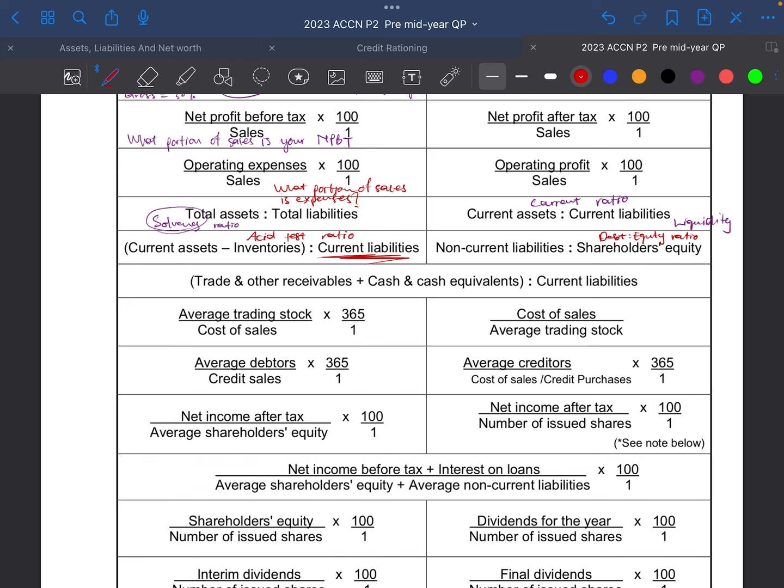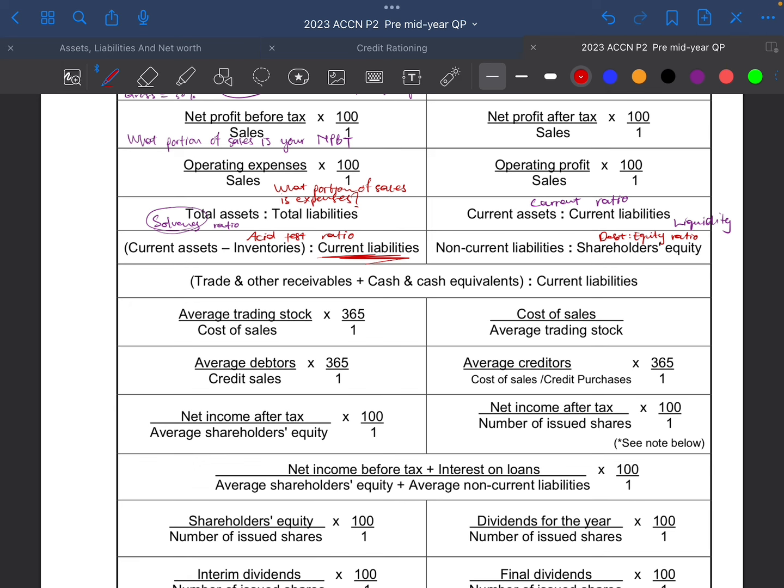So now back to non-current liabilities to shareholders' equity. This is to show how much equity there is compared to non-current liabilities. So what this says is, does the business depend on non-current liabilities to finance the business?